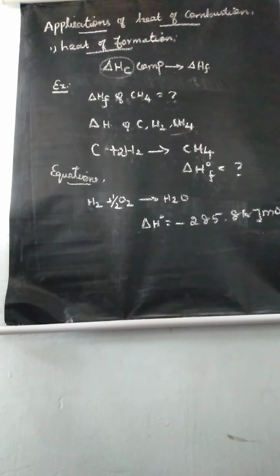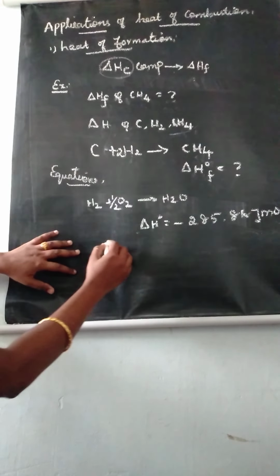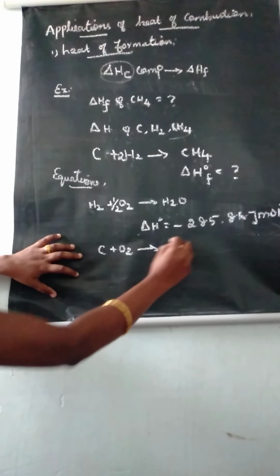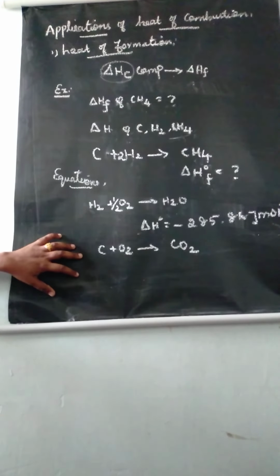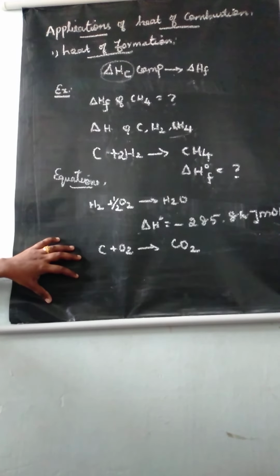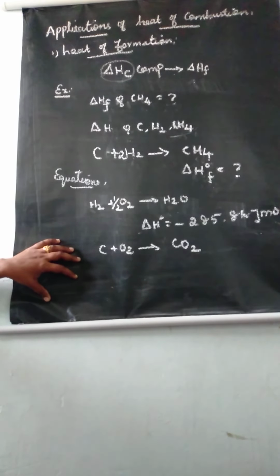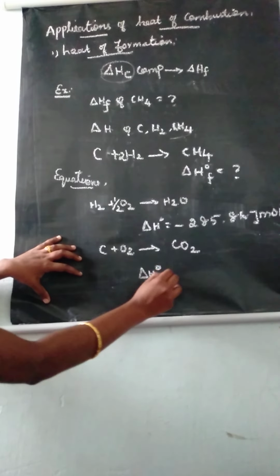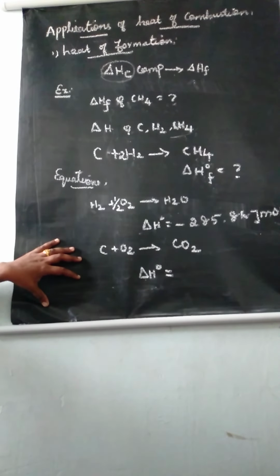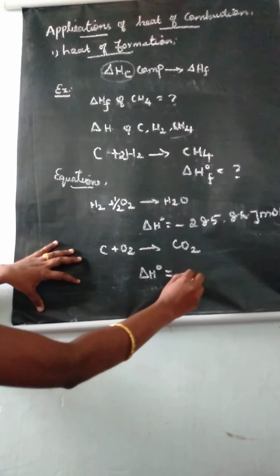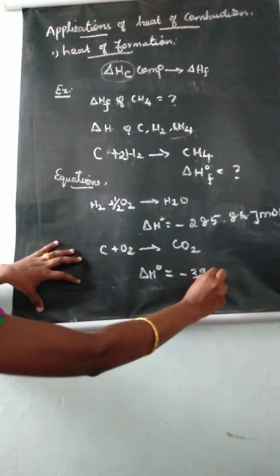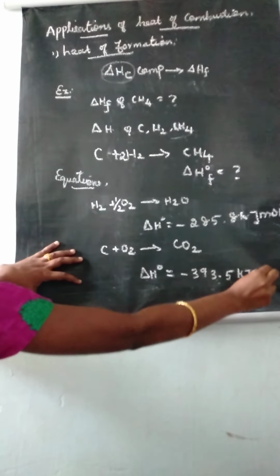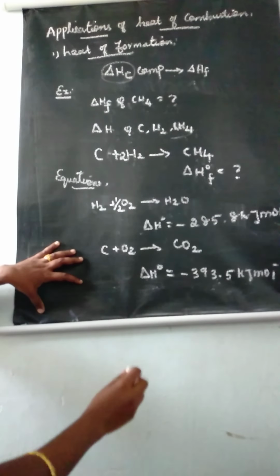Then the second equation: carbon reacts with oxygen to form carbon dioxide. Here the value of delta H naught is equal to minus 393.5 kilojoule per mole.